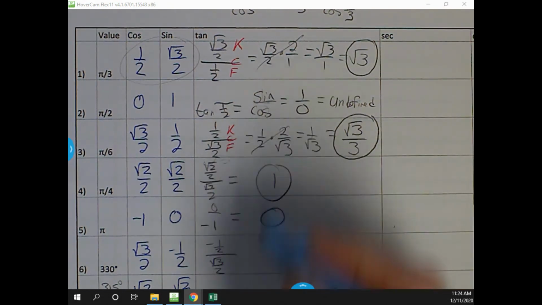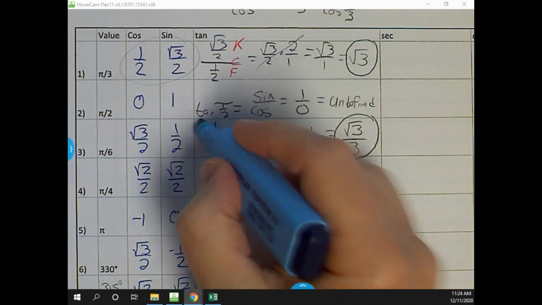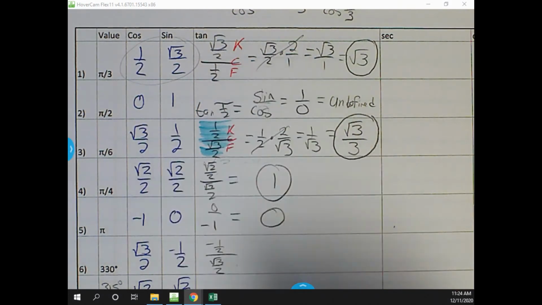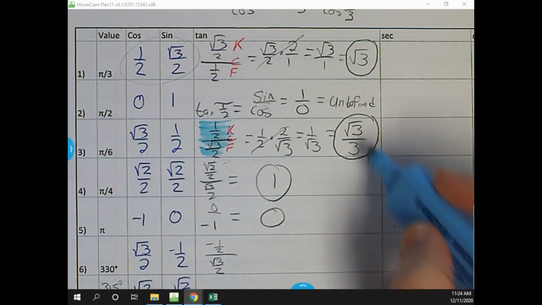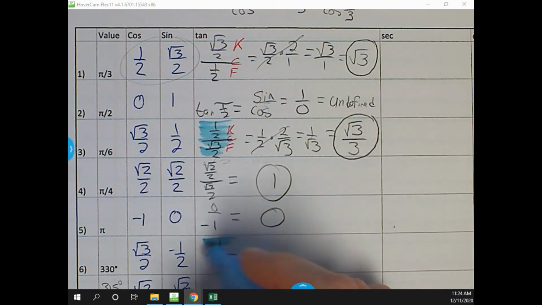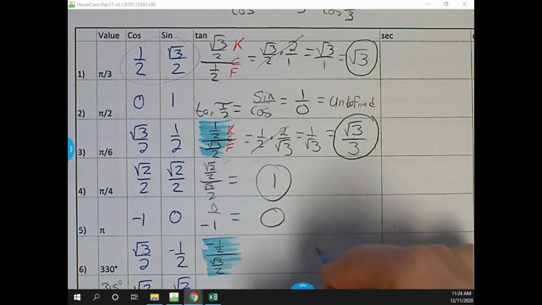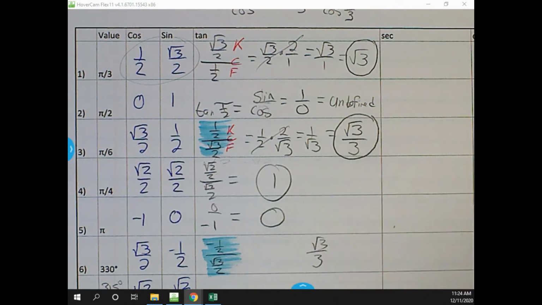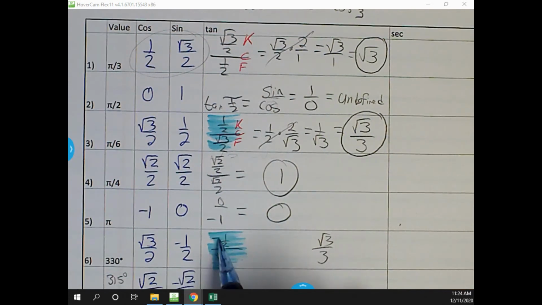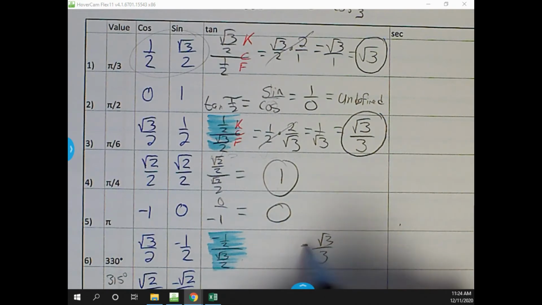I did 1/2 over square root of 3 over 2 right here. It gave me this answer of square root of 3 over 3. If I've got the same thing right here, guess what the answer is going to be? It's going to be square root of 3 over 3.